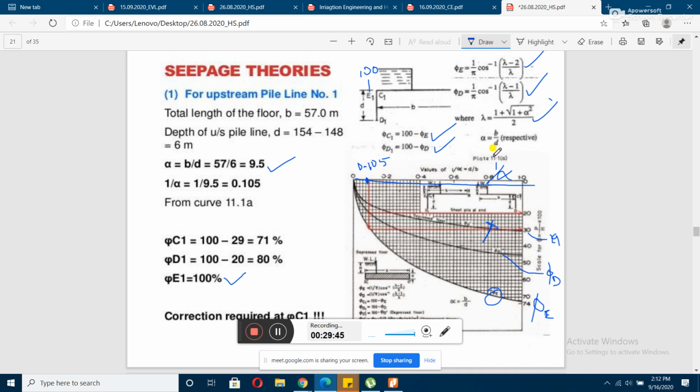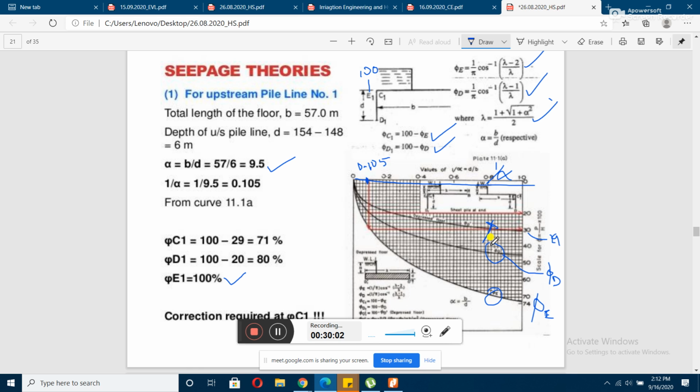From that point we will be drawing a perpendicular to the curves. What are the curves? Phi e, either this curve or this curve.